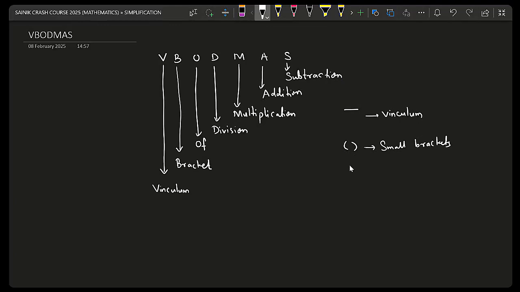These are small brackets, and these are called flower brackets. Flower brackets are also called curly braces. And the next one is the square brackets.